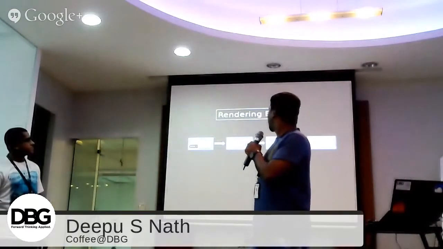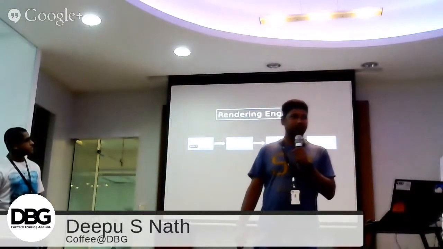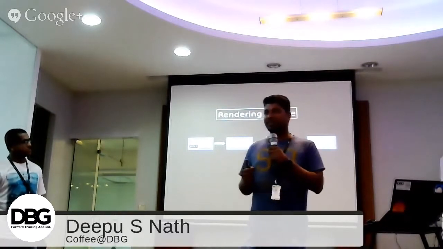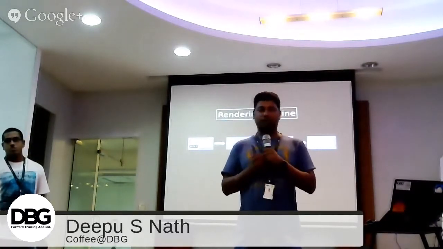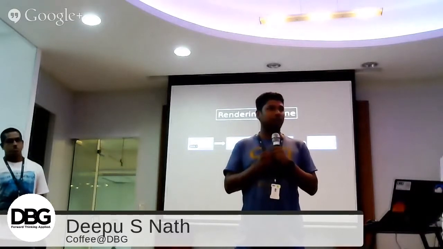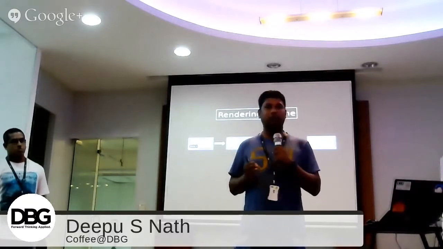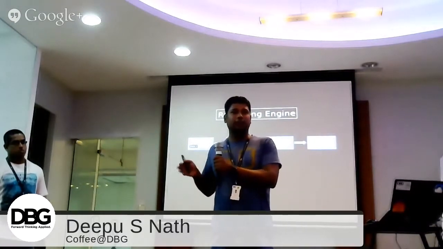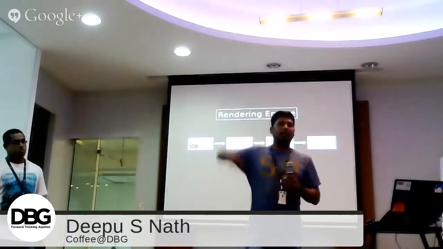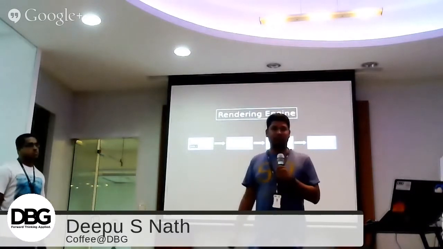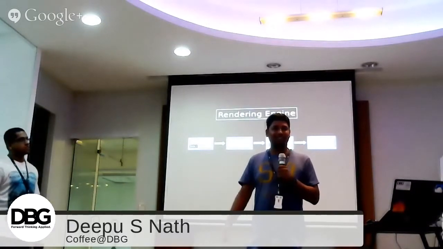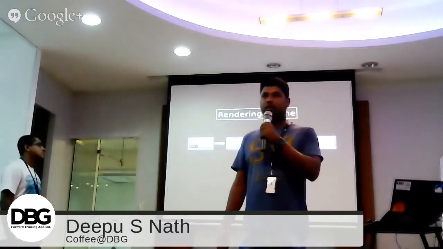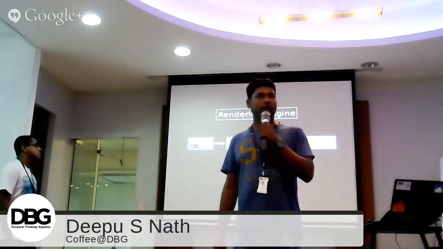Then we talked about the rendering engine. What does it do? It collects the information that needs to be parsed, and at first it creates a DOM tree. Then it creates a rendering tree with the CSS, and then it starts drawing using the dimensions. Then it starts painting, right? And there are different rendering engines. Anyone know a rendering engine name?